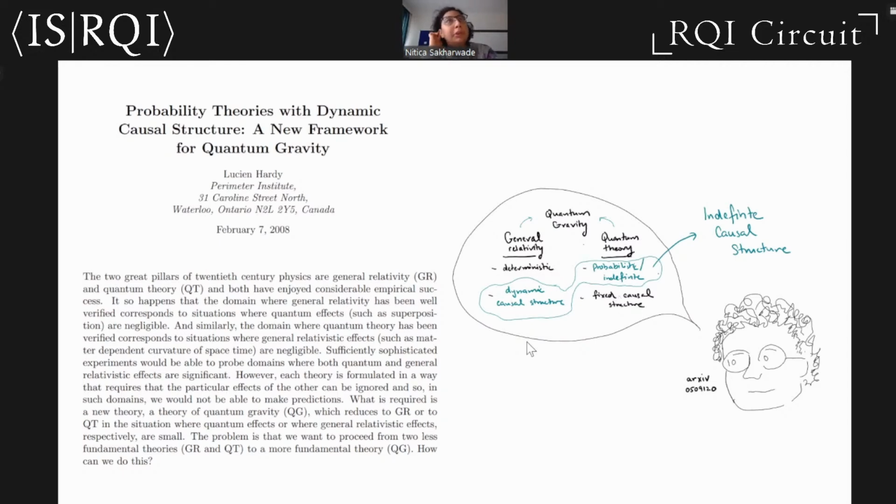Now, the Causaloid framework is not a theory, it's a framework to accommodate a landscape of theories that should be compatible with dynamic causal structure and probabilisticness, and even some versions of them together, which is known as indefinite causal structures nowadays.